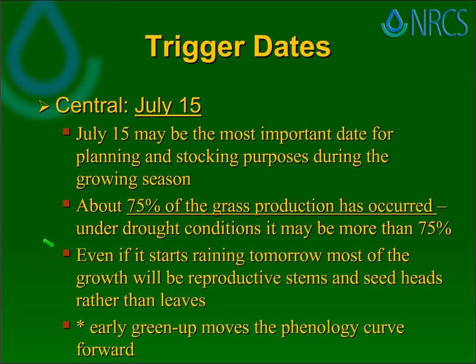What they want to do then is get into the reproductive stage as quickly as possible, and you'll see biomass produced, and I've weighed a bunch of seed stems and seed heads out there, so when you just measure the total biomass, sometimes it works itself out where you're not showing much of a loss in total biomass production. But when we talk about forage production, things are way different. So by July the 15th here in Kansas, we need to be making some serious decisions.